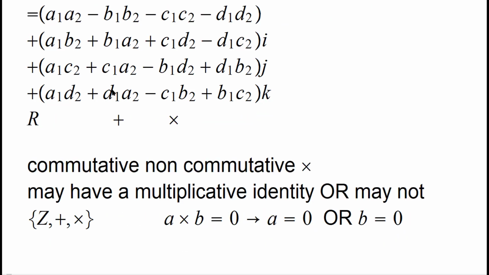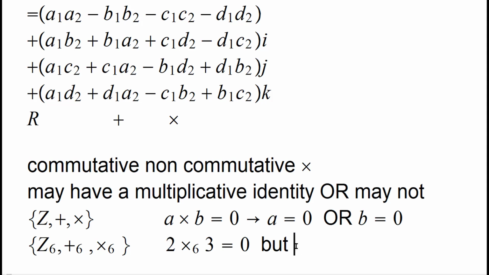But if you look at another ring that we had, say Z6 with addition modulo 6 and multiplication modulo 6, there you could see that if you took, say, 2 times 3, and in modular multiplication I'm taking this as 3, that will be 6, that will be 0 modulo 6, but neither of these is a 0, right?